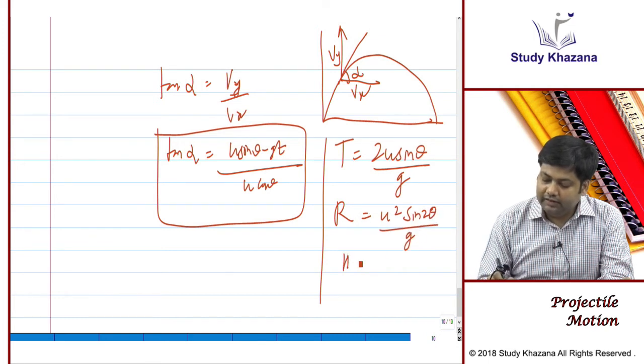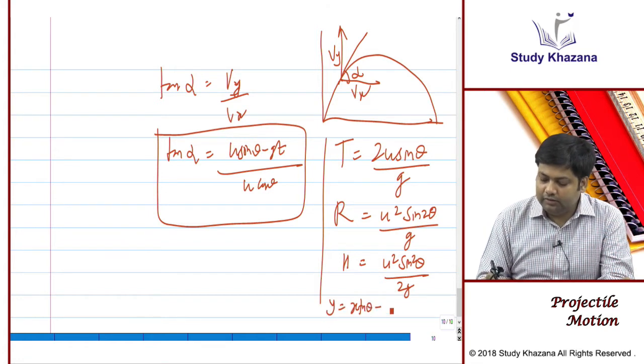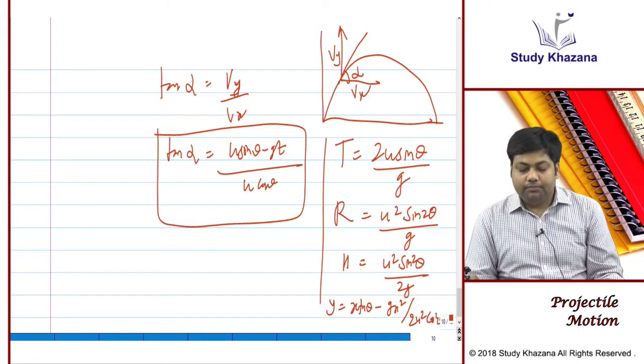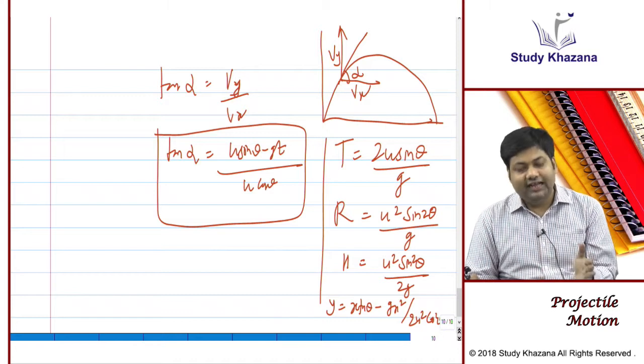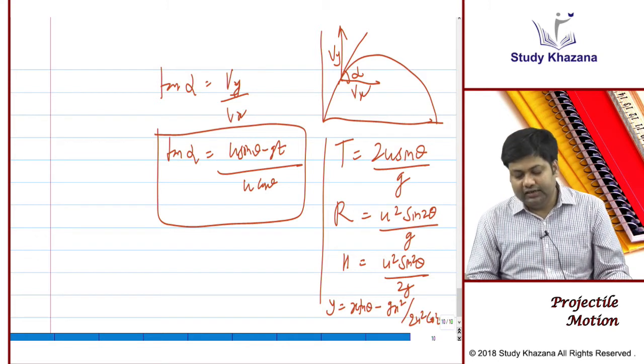We have got the value of h, u squared sine squared theta by 2g, and at the last we got the equation of trajectory, y equal to x tan theta minus gx square upon 2u square cos square theta. These are the 4 results which you need to derive, and also you need to remember them, because even for the very basic questions you will need these.